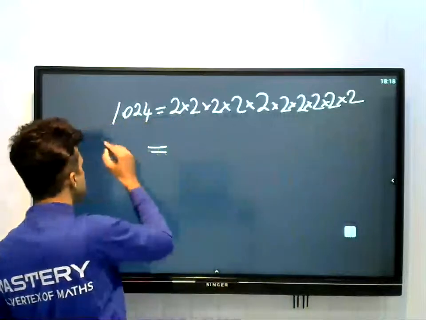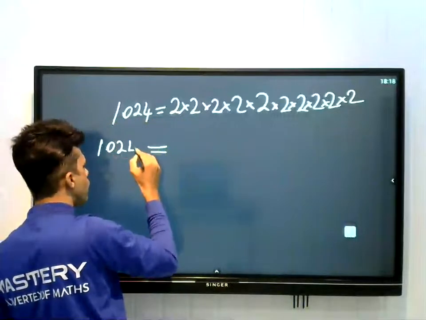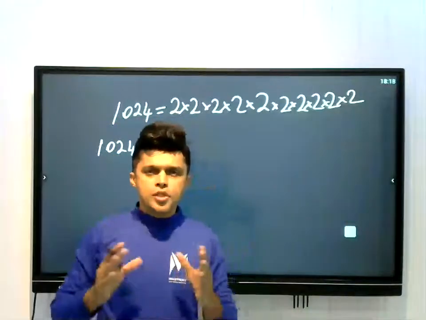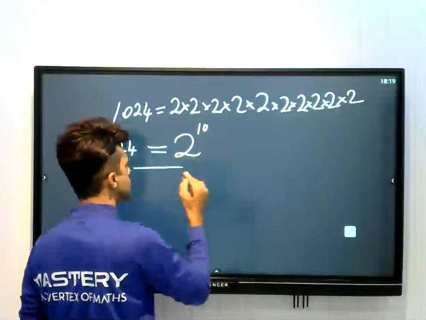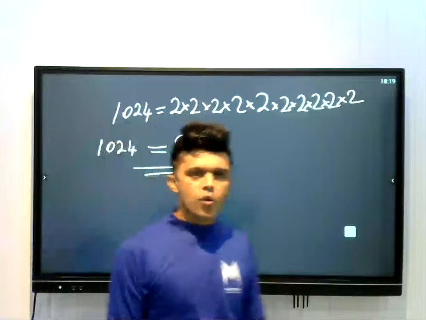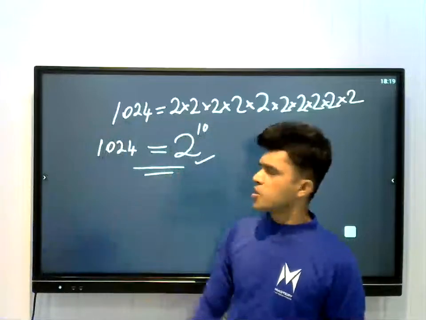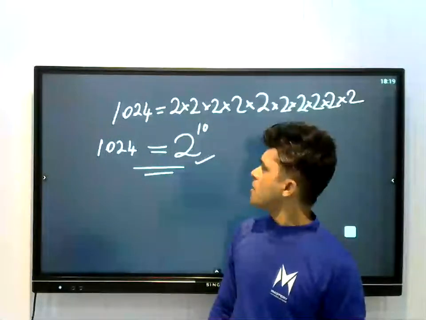So we can write 1024 as a power of 2: 2 to the power 10 is the answer.